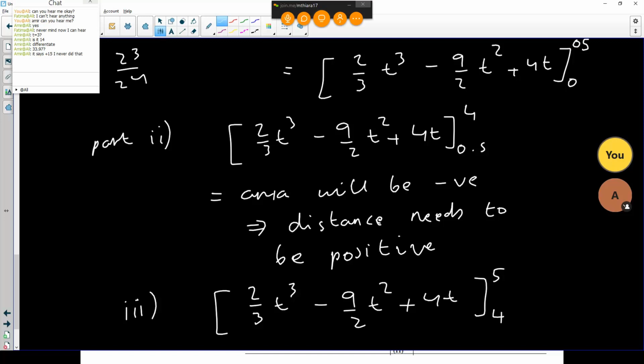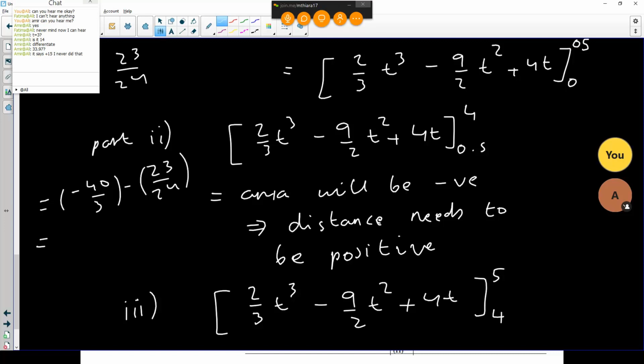When I substitute in 4 into this expression, I'm going to get minus 40/3, take away 23/24.